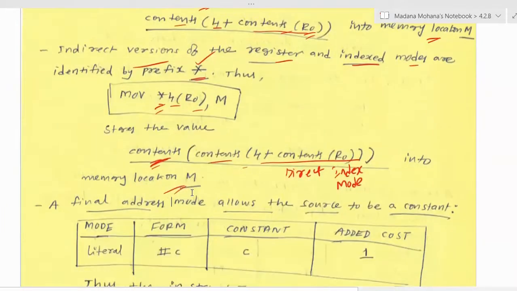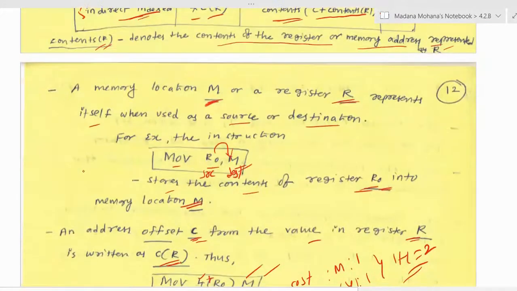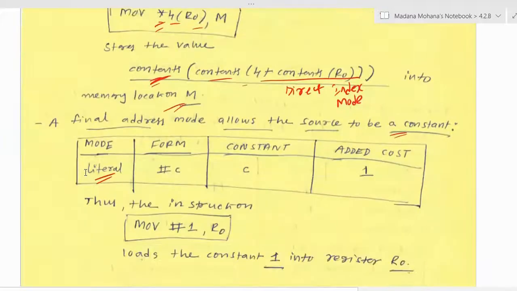Then a final address mode allows the source to be a constant. Let us see. Literal is also one type of addressing mode. Previously, up to 5 addressing modes were covered, so the next, sixth one, literal, is also one type of addressing mode. It is of the form prefixed with hash followed by the constant value.